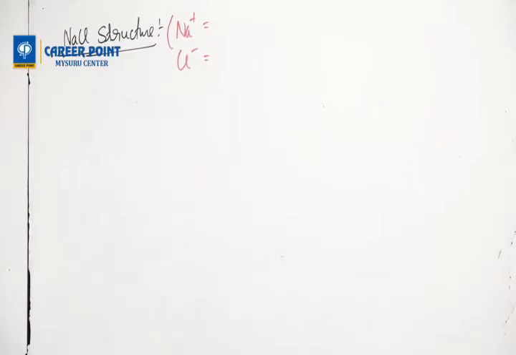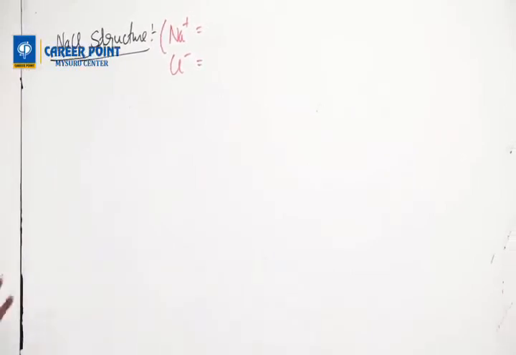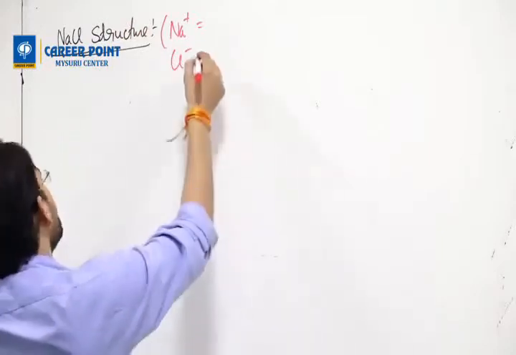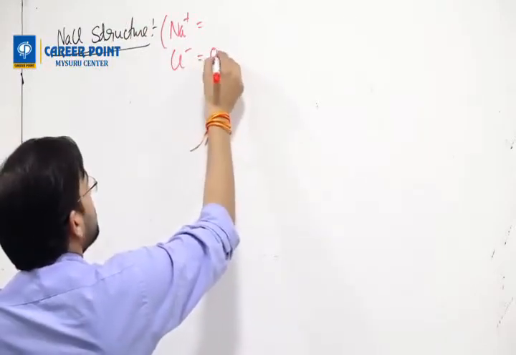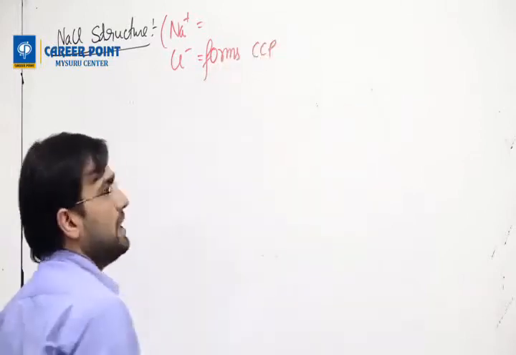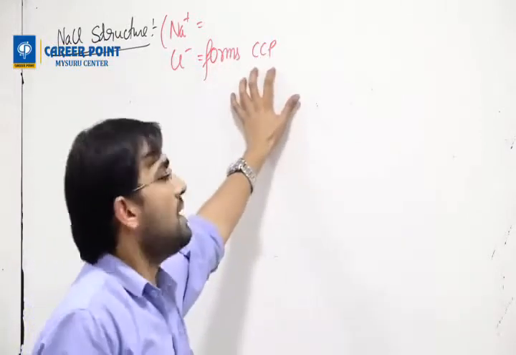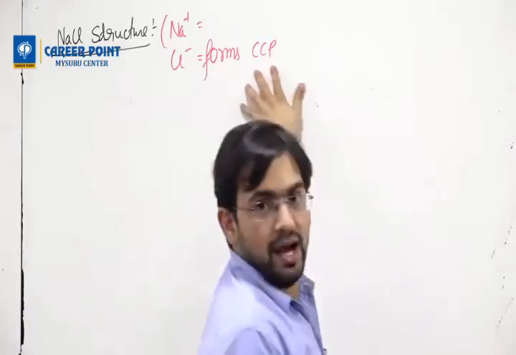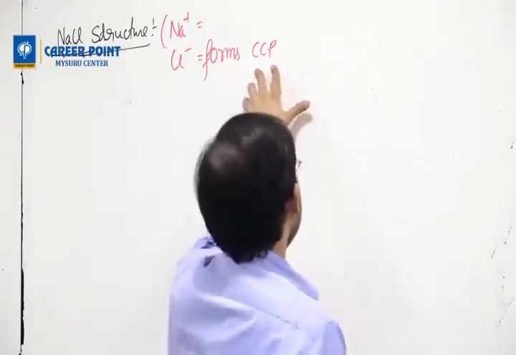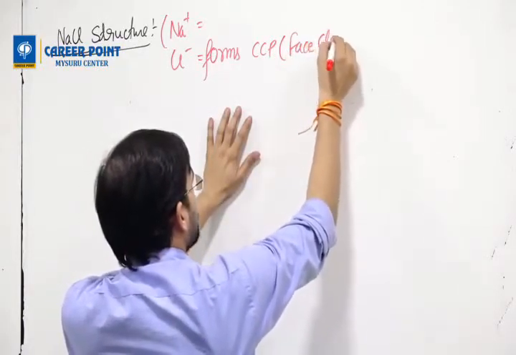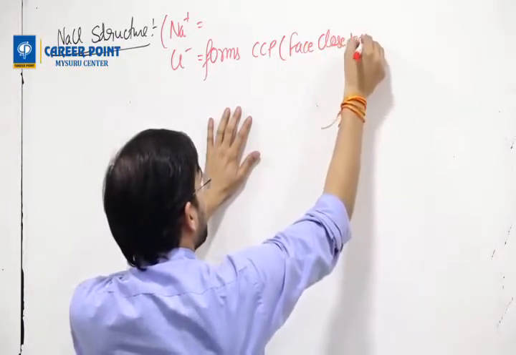Cl minus forms CCP. CCP means FCC, or face center cubic close packing.